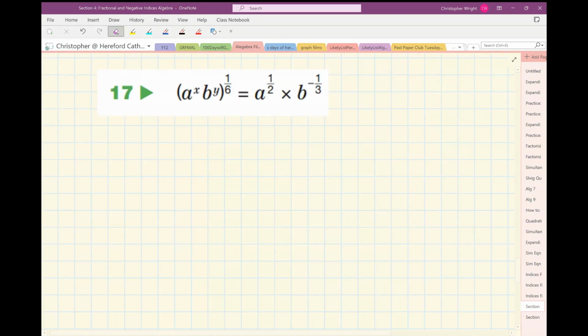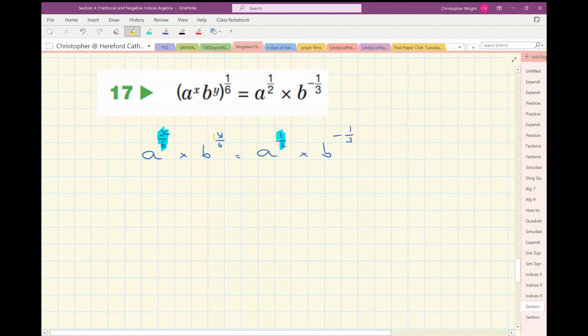Okay, number 17. On the left-hand side, I've got a to the power of x, b to the power of y, to the power of a sixth. So that's going to give me a to the power of x times a sixth times b to the power of y times a sixth, y over 6. And I know that equals a to the power of a half times b to the power of minus a third. So x over 6 must equal a half.